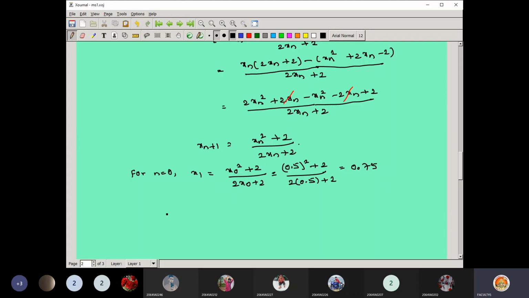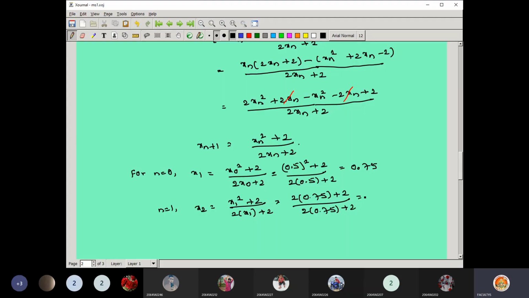Now you are moving to n equal to 1. So that you are getting x2 equal to, same in the formula, x1 square plus 2 divided by 2 into x1 plus 2. So 2 into x1 means 0.75 plus 2, divided by 2 into 0.75 plus 2.